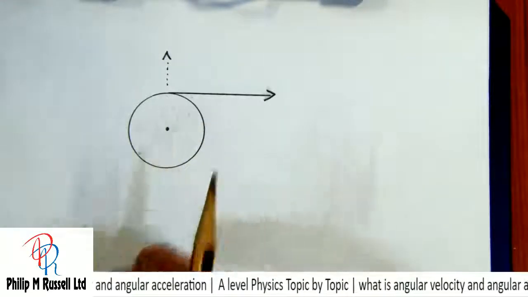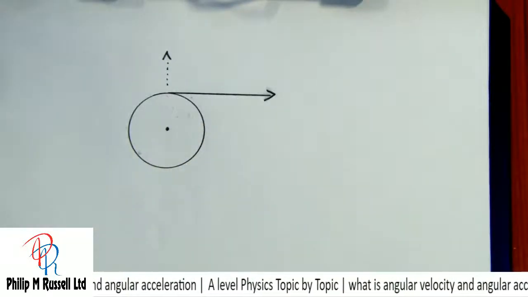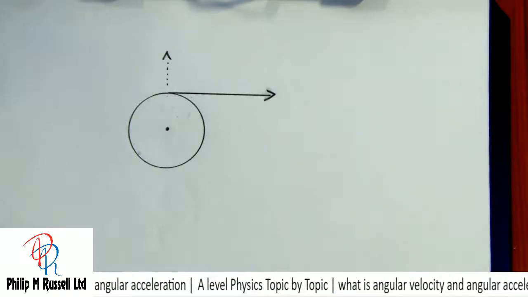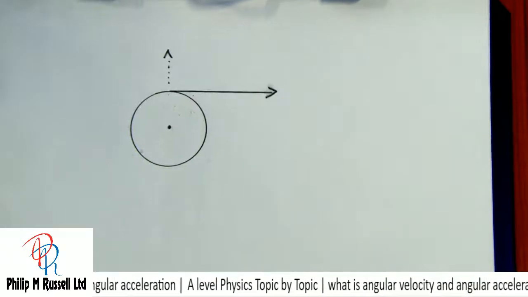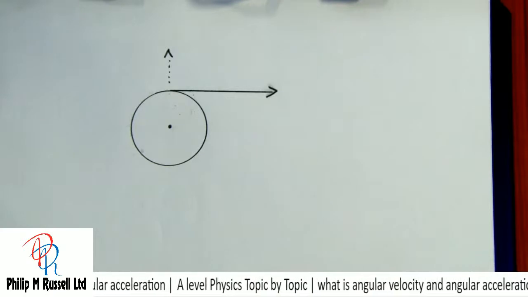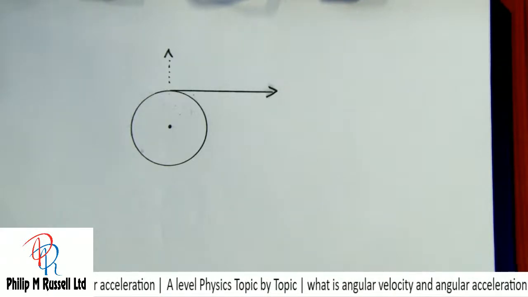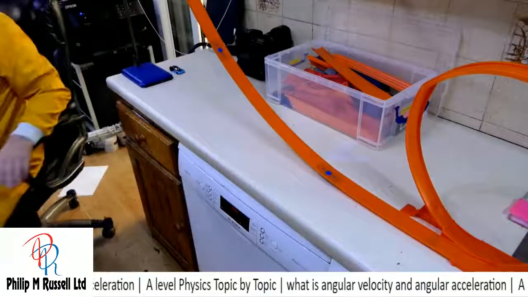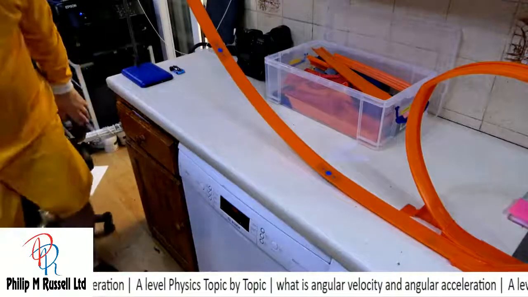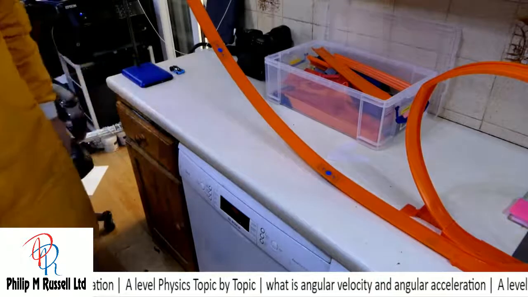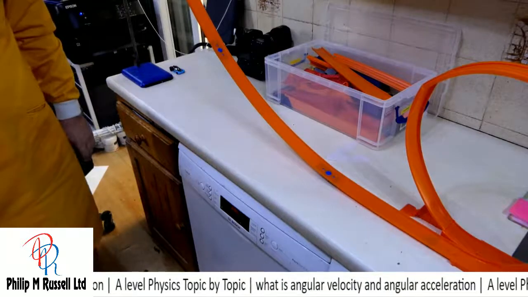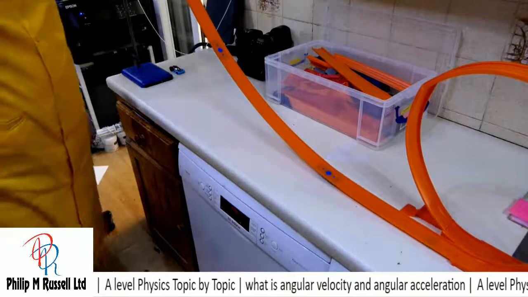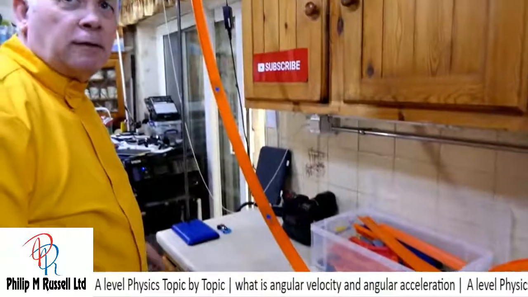And we can see this by looking at a very simple little experiment. What I've got here is my Hot Wheels track, and what we're going to do is the classic.